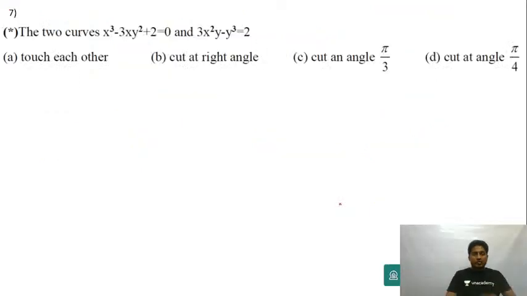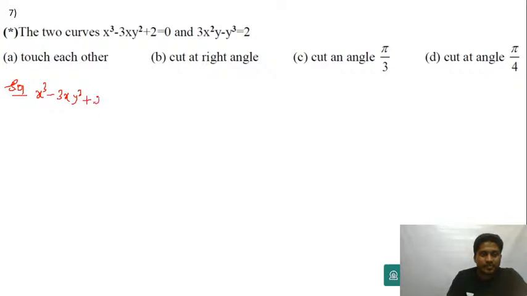So the question is, two curves touch each other, cut at right angle, cut at an angle pi by 3 or cut at pi by 4. Let me differentiate the first curve: x cube minus 3x into y square plus 2 is equal to 0.